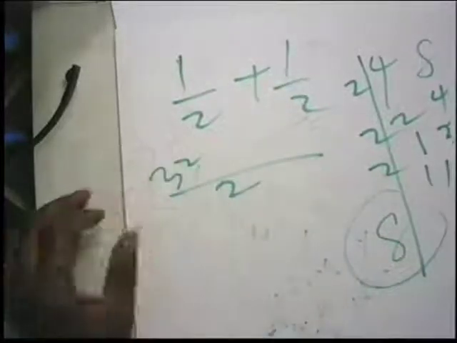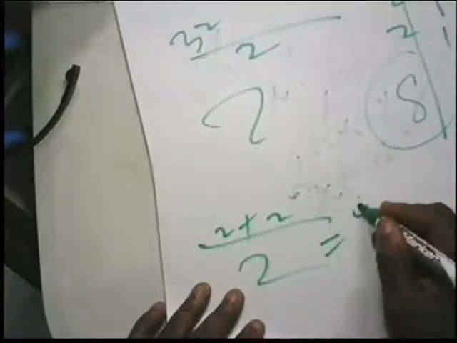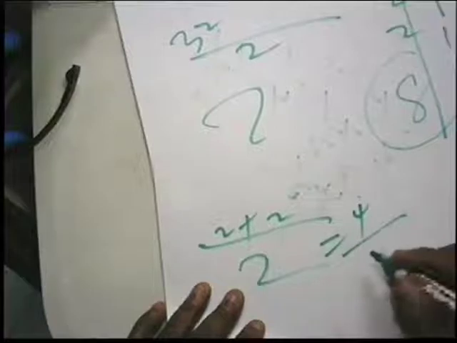But like this one now, I pick 2. How many 2? So the LCM will be 2. How many 1 do we have in 2? Multiply by 1, 2 plus 2. The answer will be 4/2.